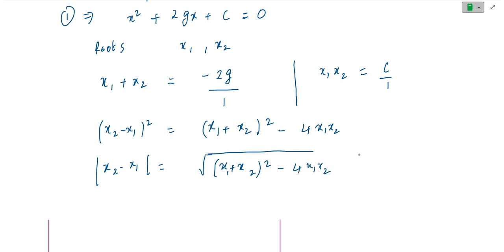I know the values of x1 plus x2 and x1 times x2. x1 plus x2 value is minus 2g, x1x2 value is c. I'll substitute the corresponding values into this equation.